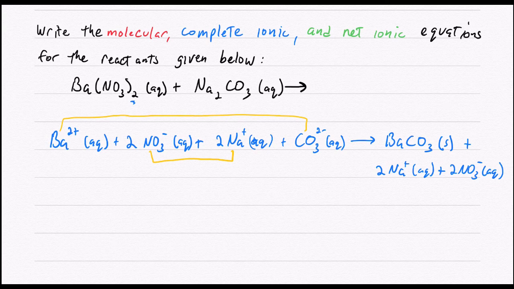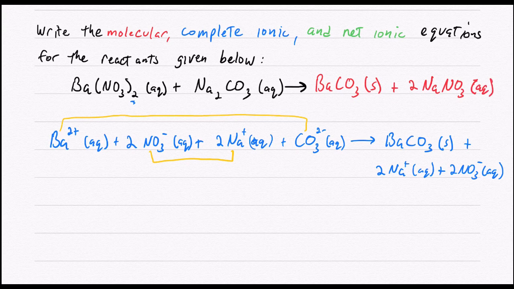And so that allows us to kind of finish that top molecular reaction. We know that we're going to get barium carbonate in a solid form, and we're going to get 2 sodium nitrate, and we know that they are going to be aqueous.